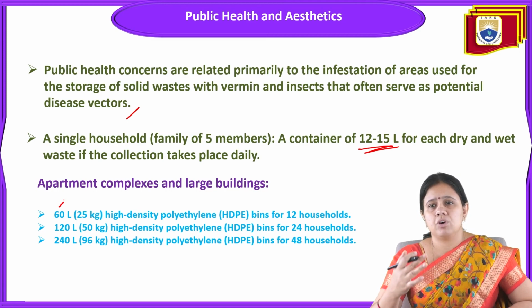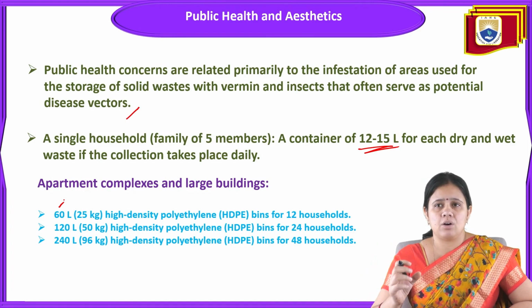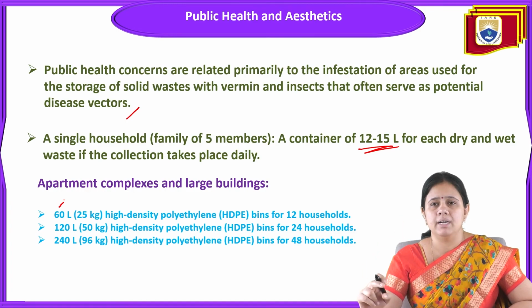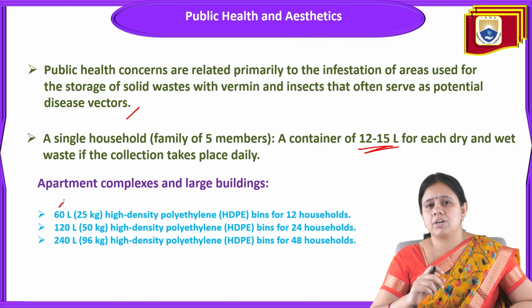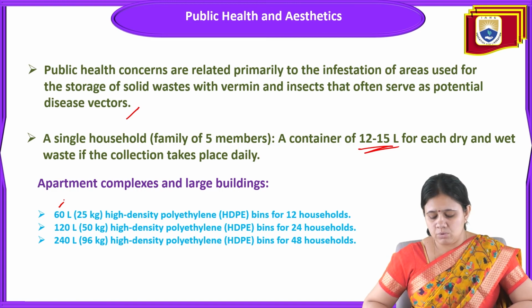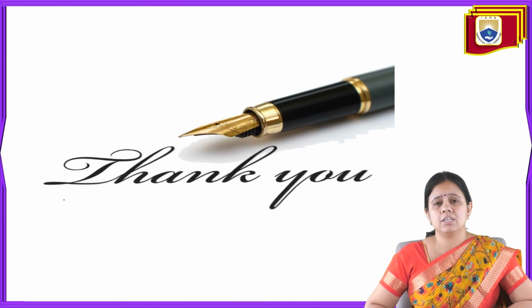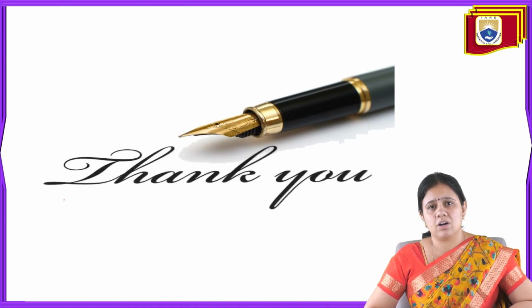Likewise, for 48 households, like a big building of more than seven floors, 240-liter HDPE bins should be installed in that society. So this is the estimation for collection of waste in a big building, small houses, or a general middle-rise building. So this was all about the collection and handling of waste in our society.